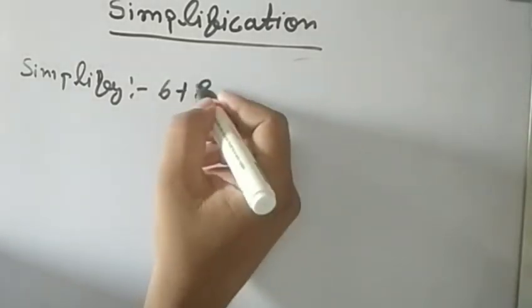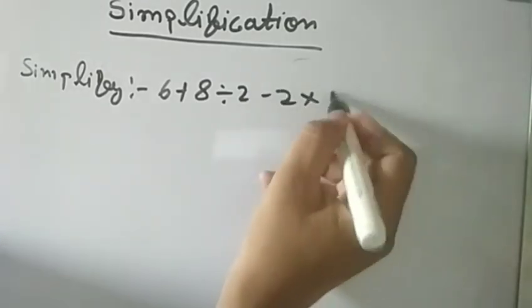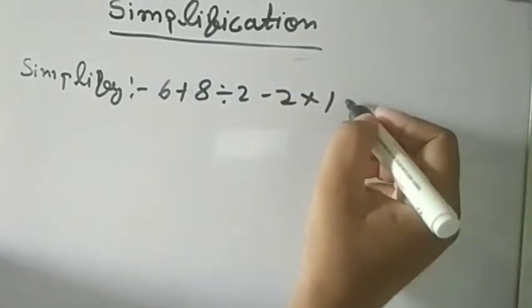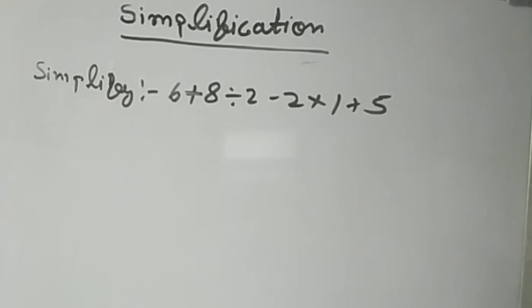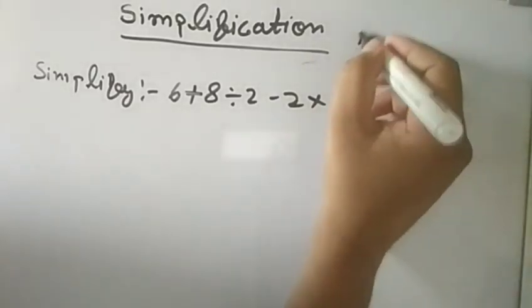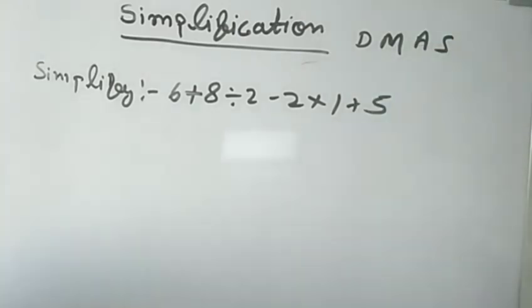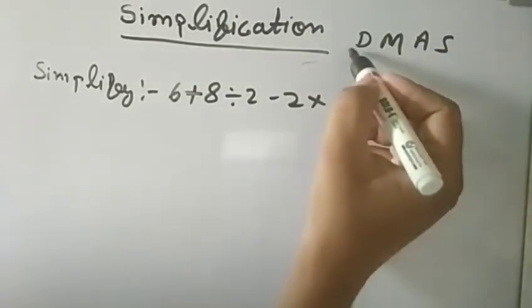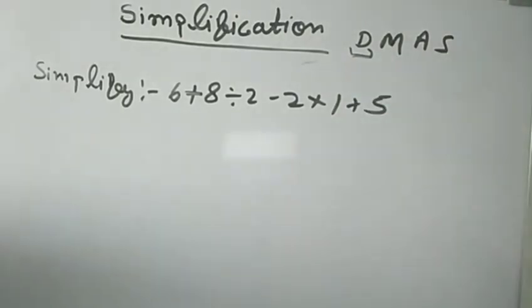6 plus 8 divided by 2 minus 2 into 1 plus 5. So this is our second example. According to the simplification rule, that is DMAS, first of all we have to solve the division, then multiplication, then addition, then subtraction.